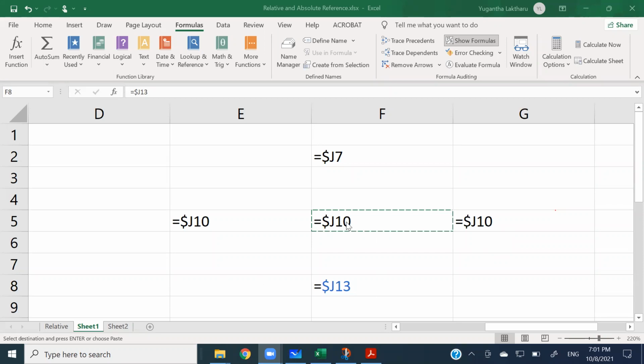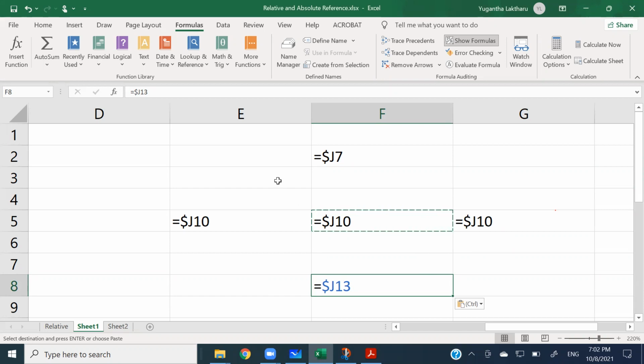So if we copy the $J10 to this particular cell, it's not going to change. It stays as $J, but the 10 changes to 13, because we have not said that the 10 should not change.